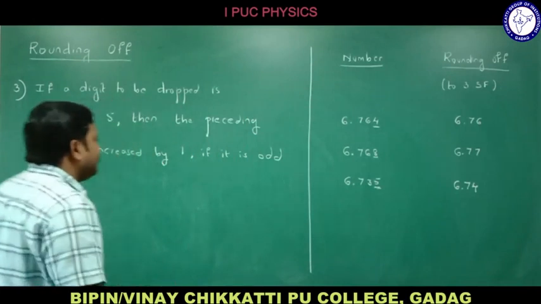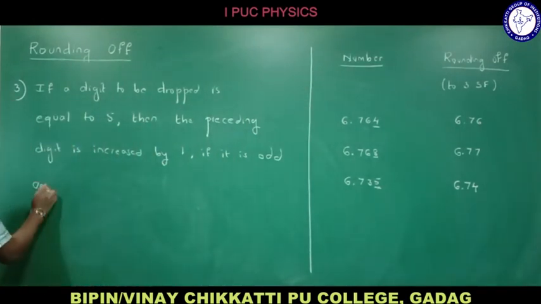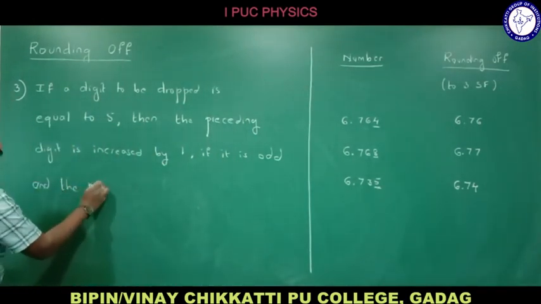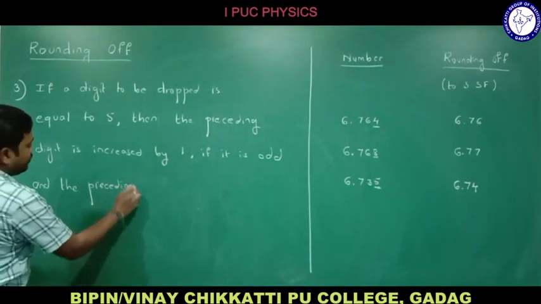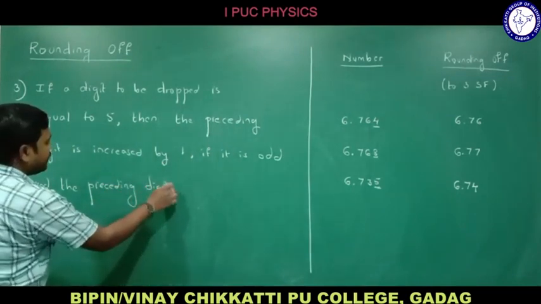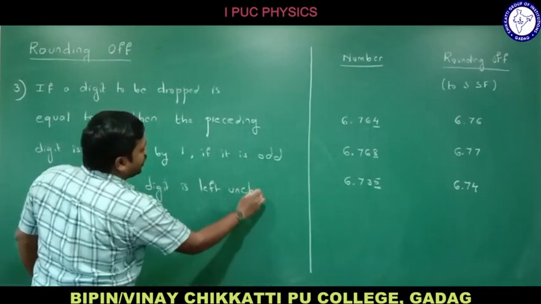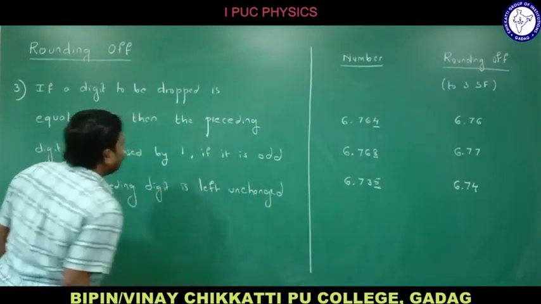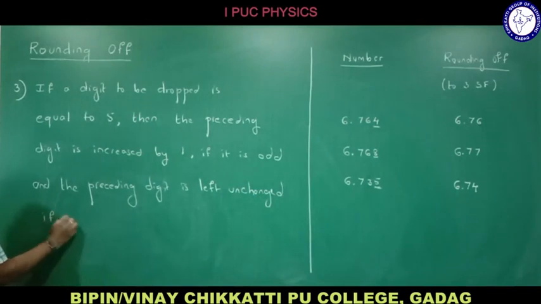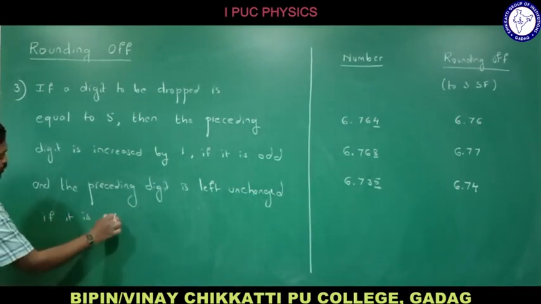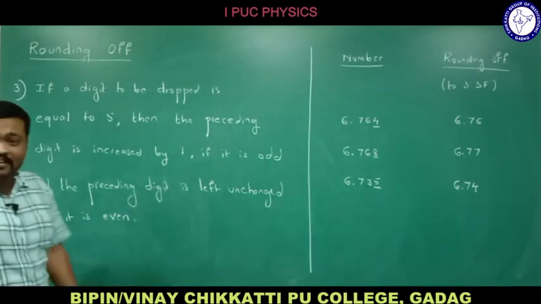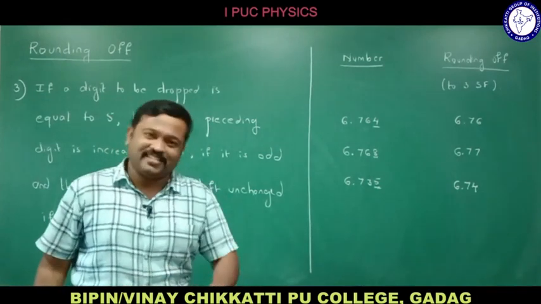What do we need to do if it is even? Let us check it out. The preceding digit is left unchanged if it is even. If it is an even number, keep it as it is, right?